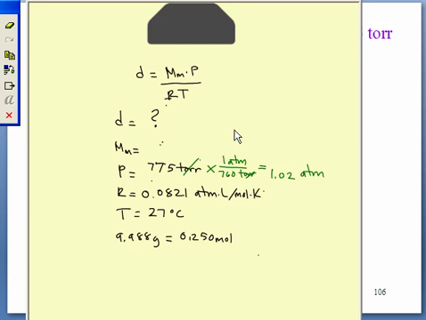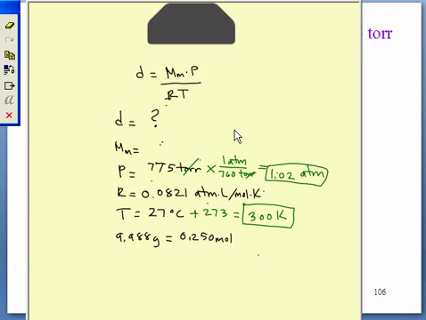Down here at my temperature, I'm going to add 273 to my Celsius to get my Kelvin. And when I put that into my calculator, I get 300 Kelvin. So I'm going to put these in boxes because I'm going to need those. I want those to stick out.